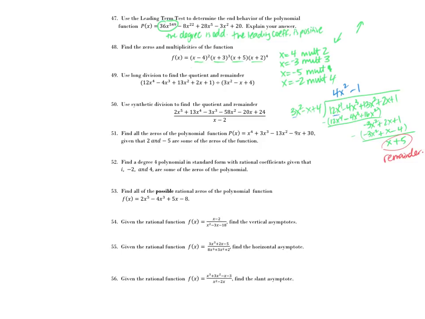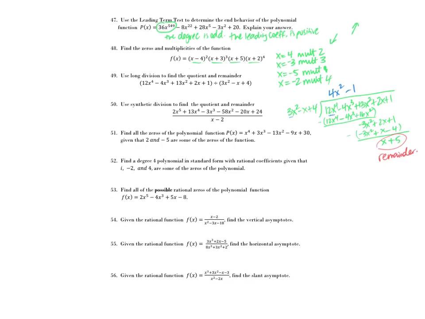If I wanted to write this out, I could write 12x to the fourth minus 4x cubed plus 13x squared plus 2x plus 1, divided by 3x squared minus x plus 4, is equal to 4x squared minus 1 plus that remainder, x plus 5, divided by my divisor, which is 3x squared minus x plus 4.